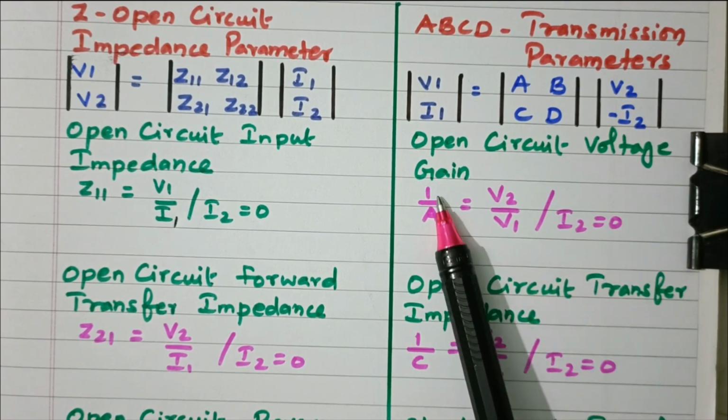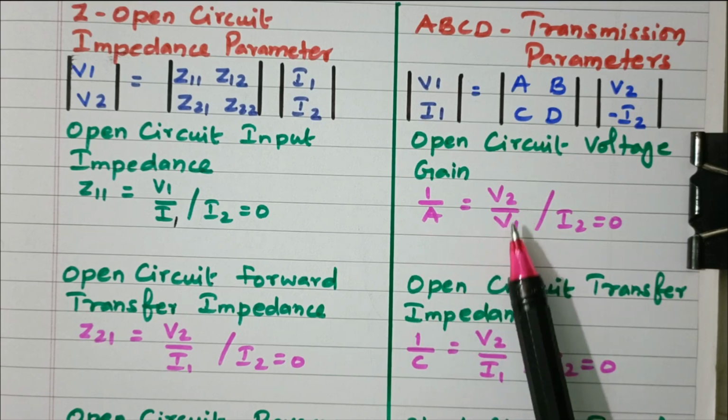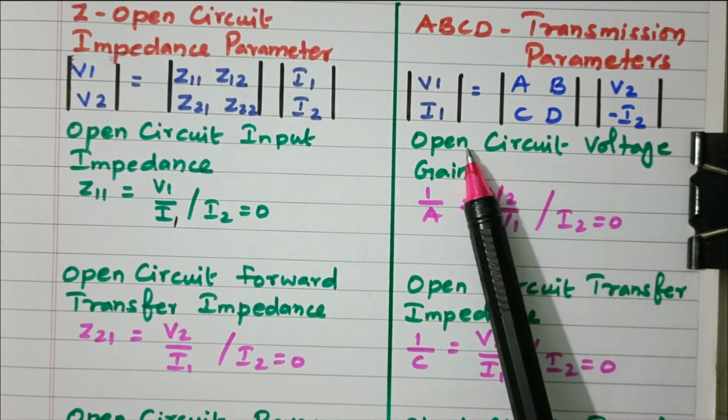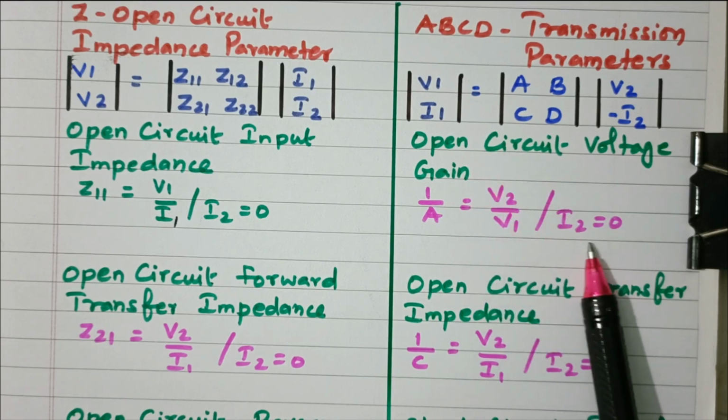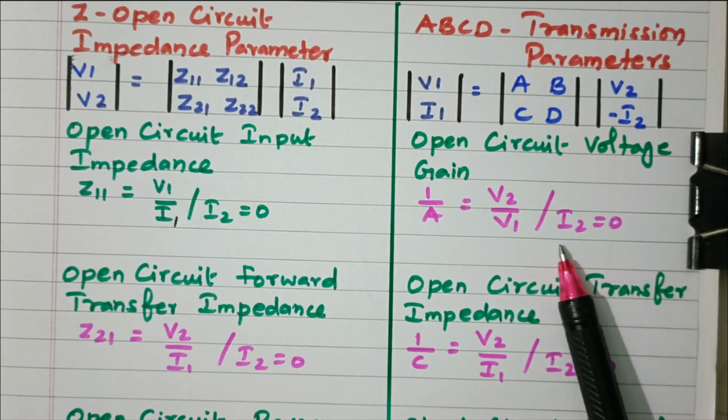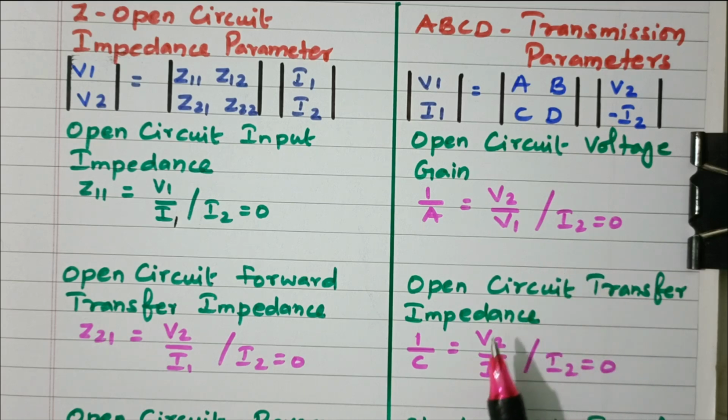1 by A is V2 by V1. Both are voltages, so it is a voltage gain, with I2 equal to 0, the output port open circuited. For the first two parameters, it is open circuited; for the remaining two parameters, short circuited.